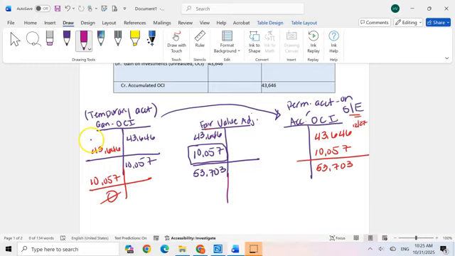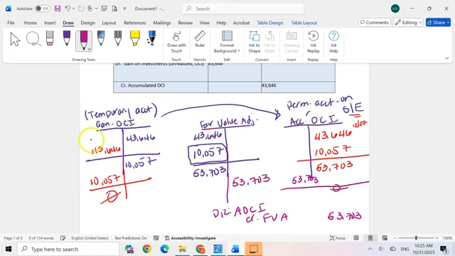And I'm going to credit fair value adjustment for 53,703. And my debit is going to be my accumulated OCI, the 53,703. And so therefore my accumulated OCI is 0 and my fair value adjustment is 0 at this point.